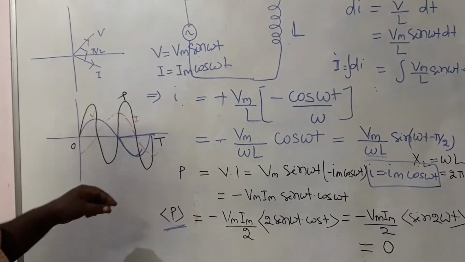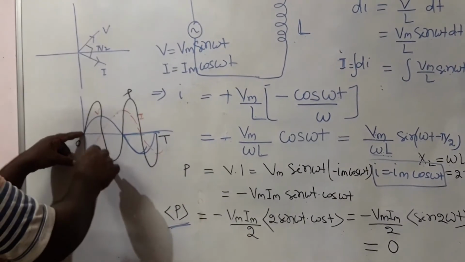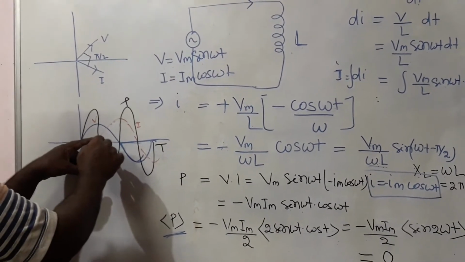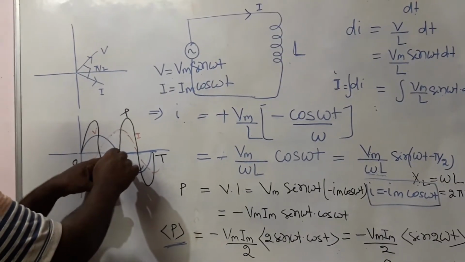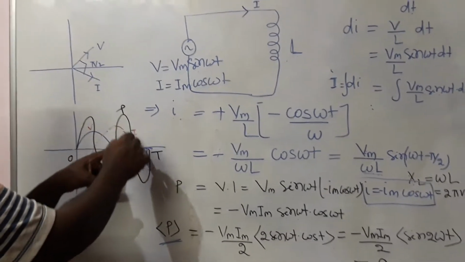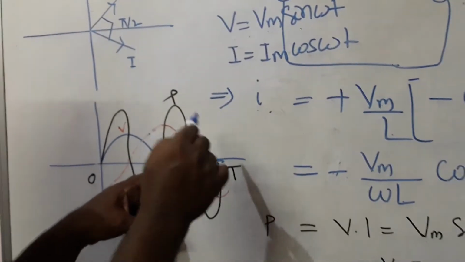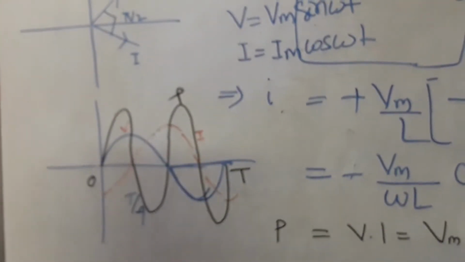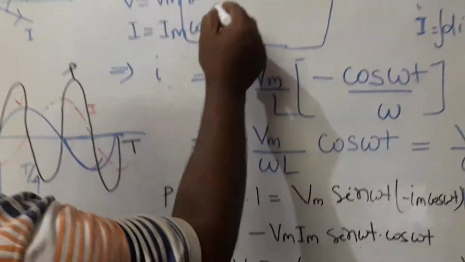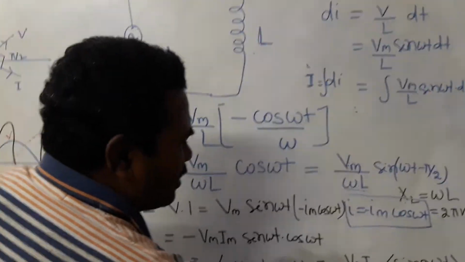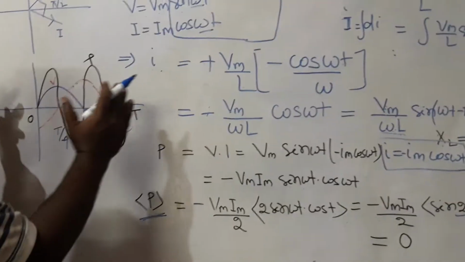It means in the first quarter cycle it stores magnetic energy, and in the next quarter it resupplies the energy. In the third quarter again it stores magnetic energy, and in the fourth quarter it resupplies the energy. You see here the frequency was omega, while in case of power the frequency is 2 omega, so the time period will be halved.